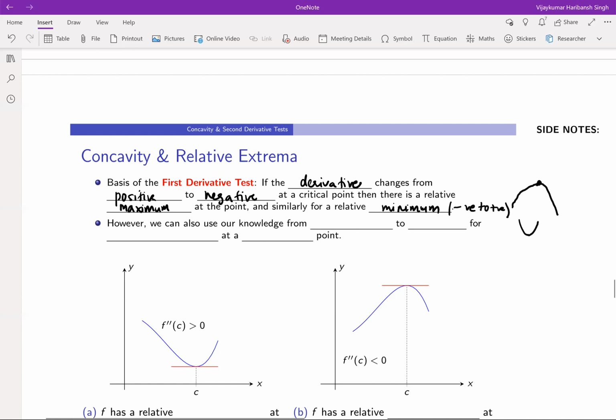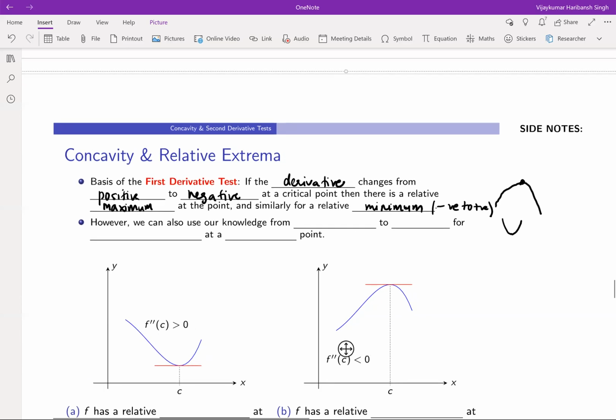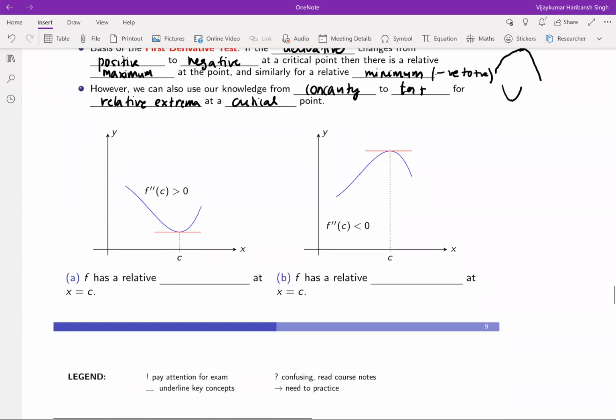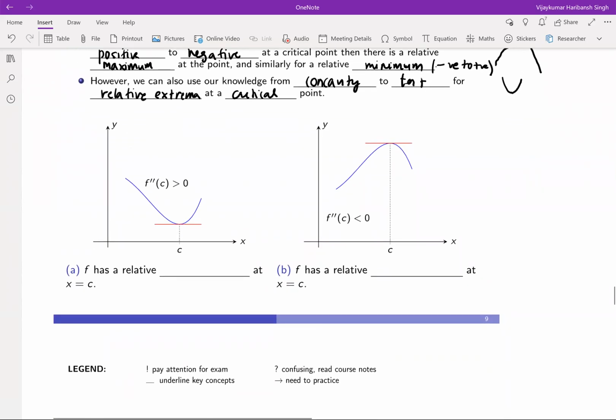However, we can also use our knowledge of concavity here to test for relative extrema at a critical point. Let's see how. First of all, the first ingredient is that this c is your critical point.